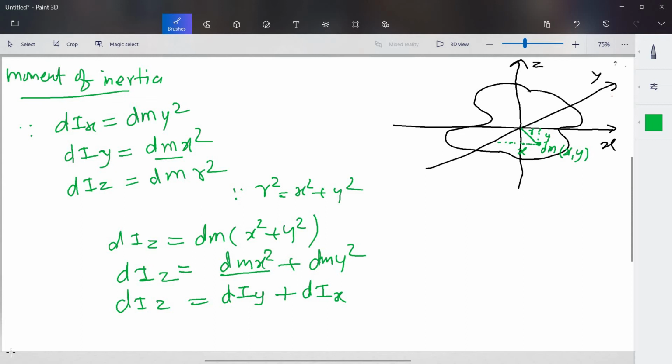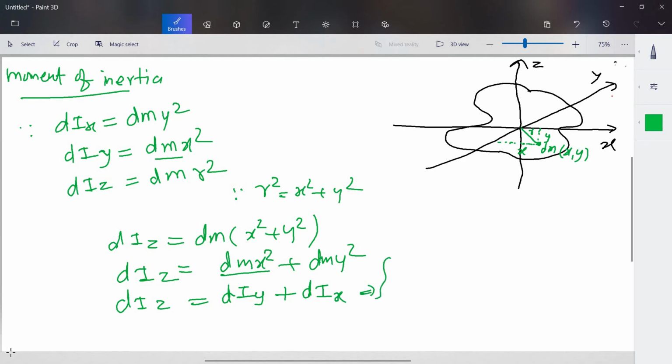Now, this is the moment of inertia for this small body dm. If you really want to find the moment of inertia of the whole body, take an integration.